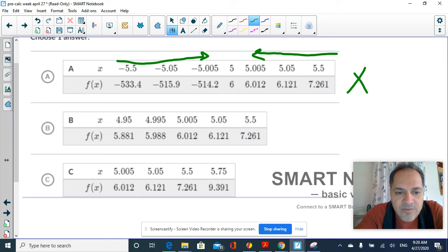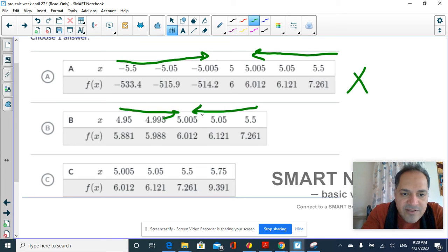Now, what about the second one? Yes, this is approaching 5 from the left, and this is approaching 5 from the right. Yes, and your function should be approximately 6 here. So this one is a good, perfect one. What about C?